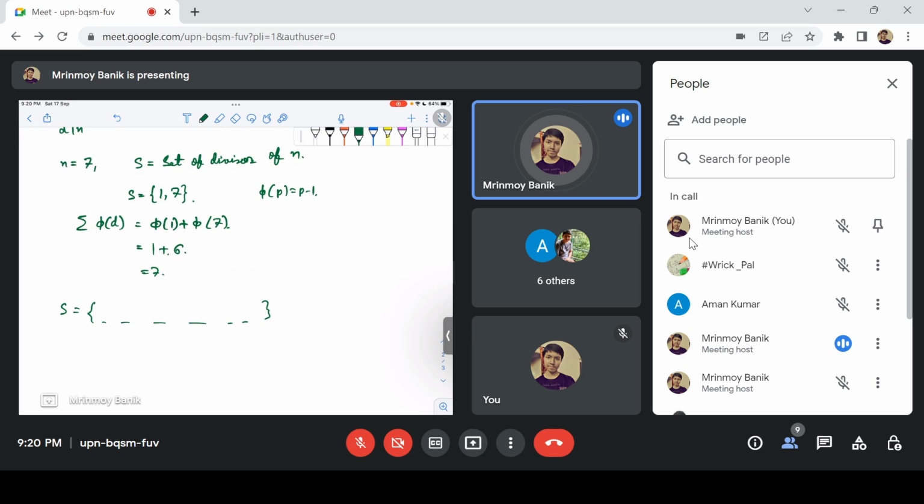Now let's split the set S into many small sets, S_i.